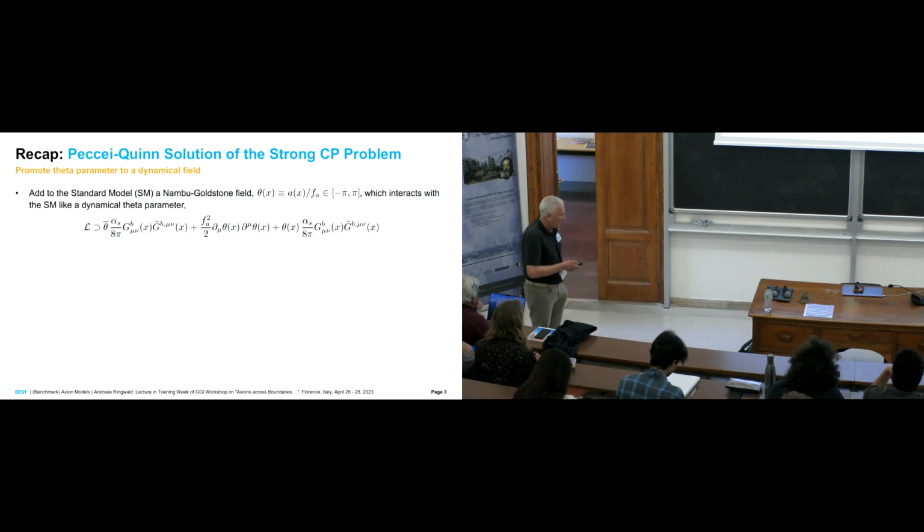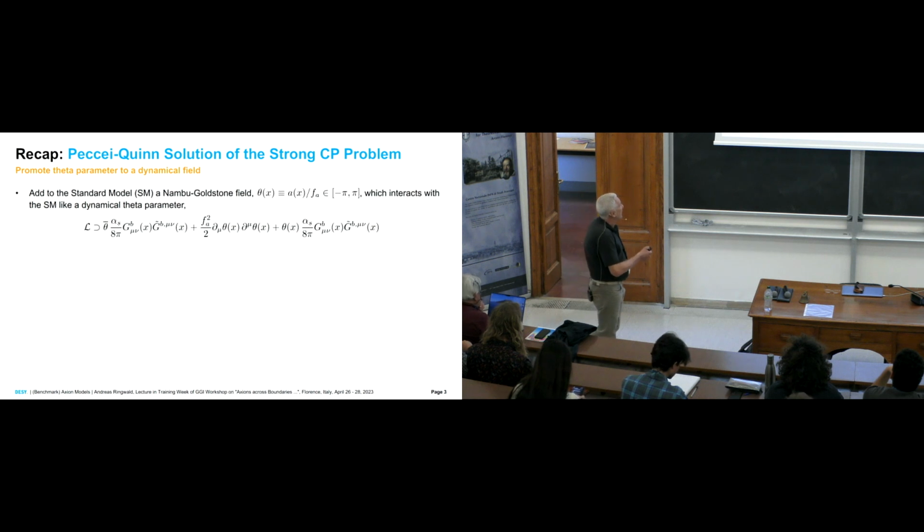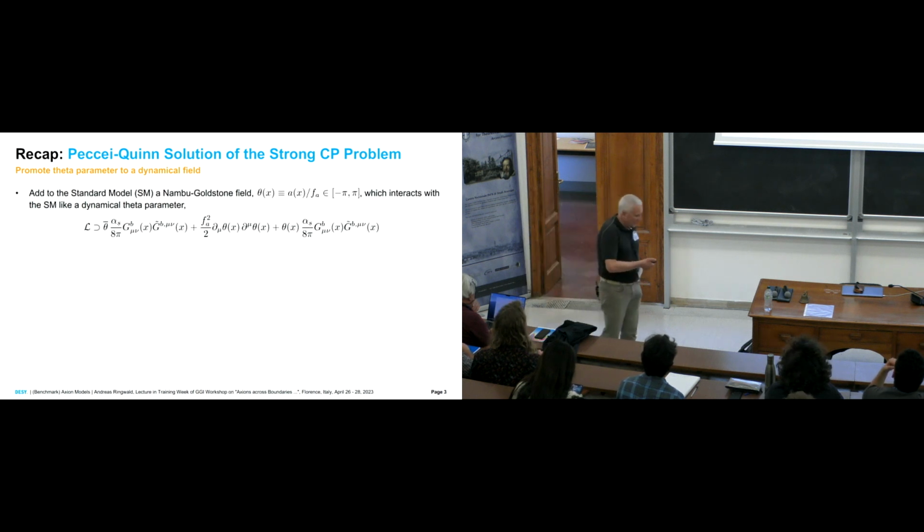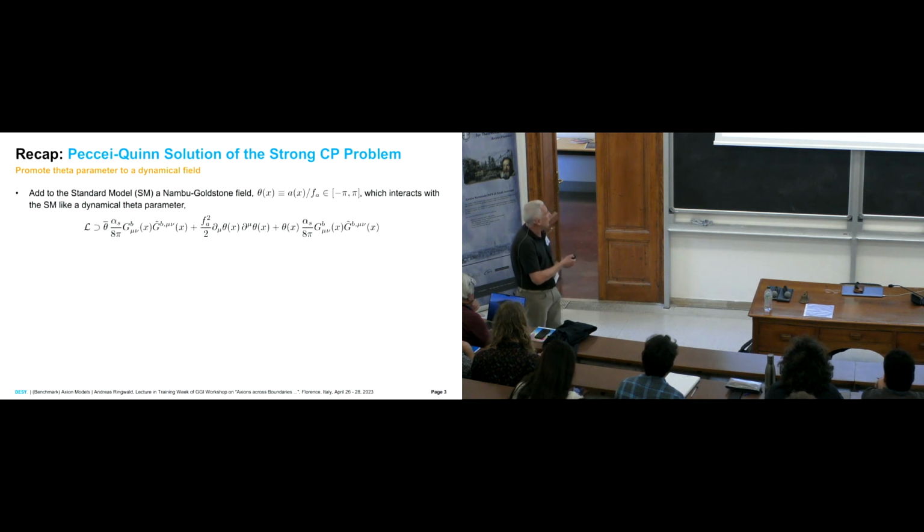As Giovanni has told us, one adds to the standard model a Nambu-Goldstone field, essentially a dynamical angular field, a scalar field divided by Fa, where Fa is the so-called decay constant. This field ranges between minus pi and plus pi, and it should act with the standard model exactly like a dynamical theta parameter.